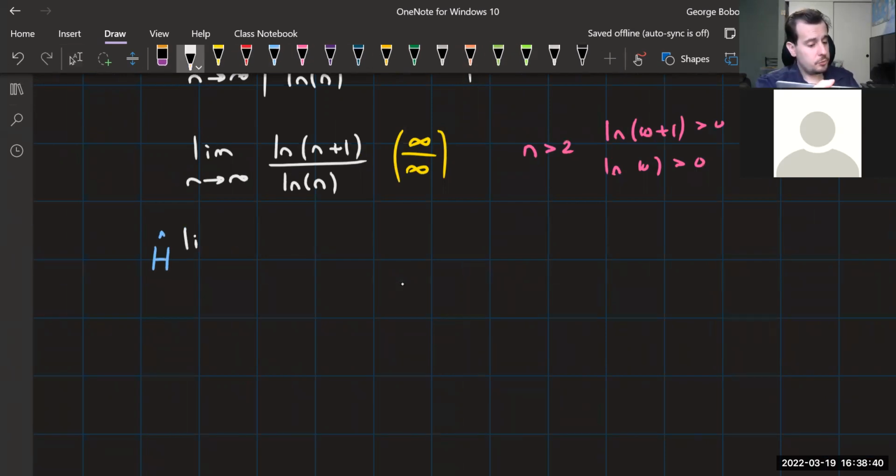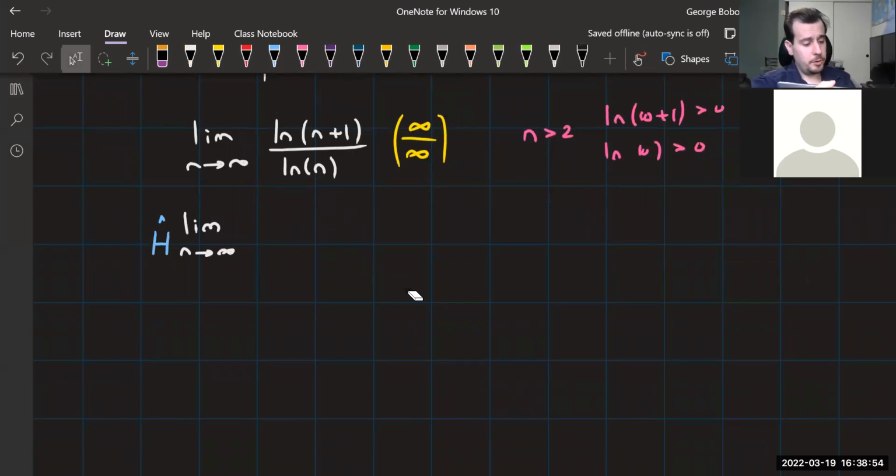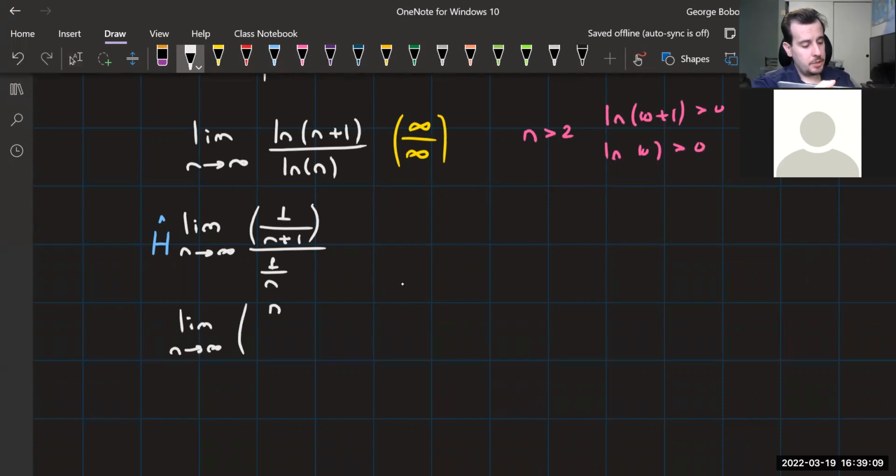What do we do in L'Hopital's rule? You derive the numerator and the denominator separately. What's the derivative of the numerator? 1 over n plus 1. And what about the denominator? 1 over n. Good. So overall, we get n over n plus 1 if I rearrange this.